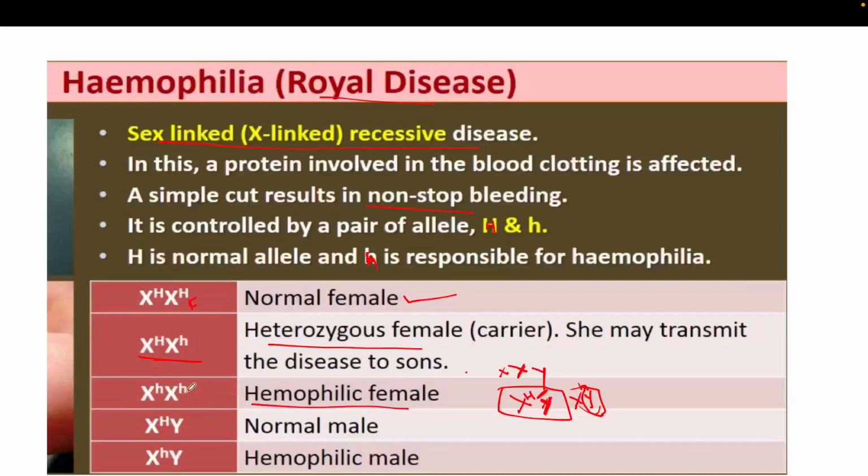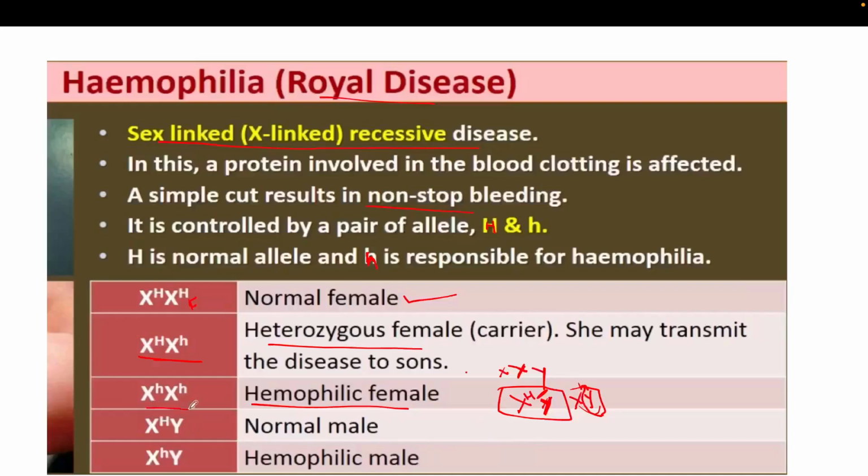How will it happen? The mother should be a carrier or hemophilic, and the father should also be affected. If the female has to be affected by hemophilia, then the father and mother both should be affected by the hemophilic disease.